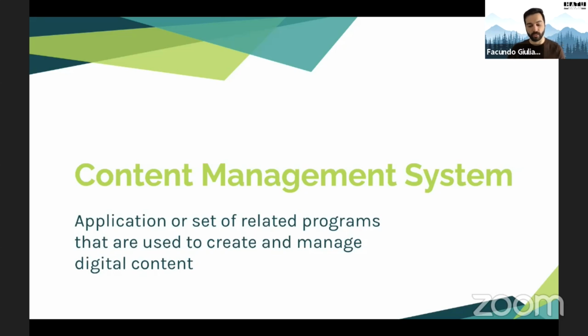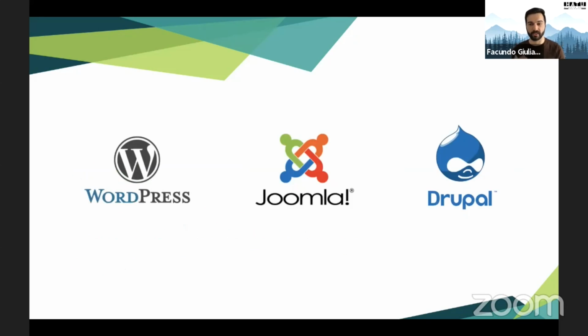In this case, we have content management systems that are well known by many users and developers, which are WordPress, Joomla, or Drupal. And these CMSs offer a backend part and a front-end part, or a presentation layer. Let's take WordPress as an example.